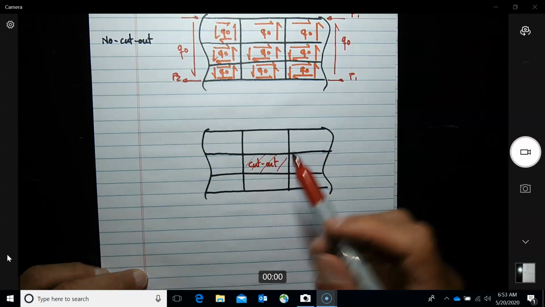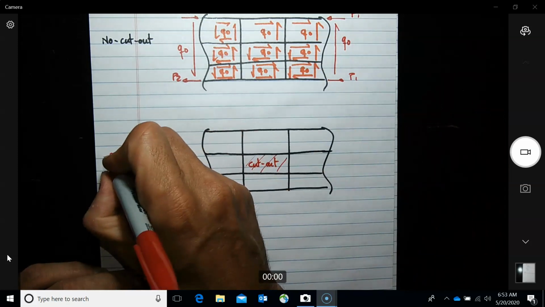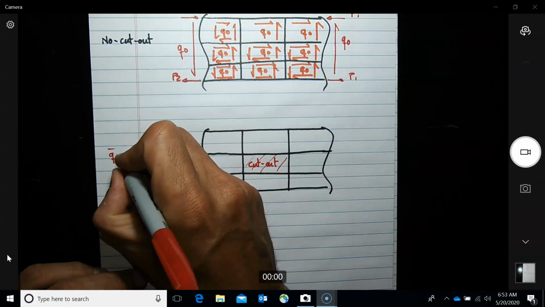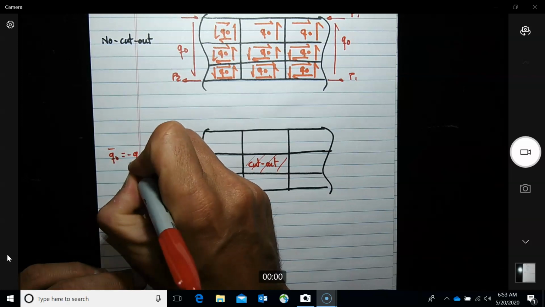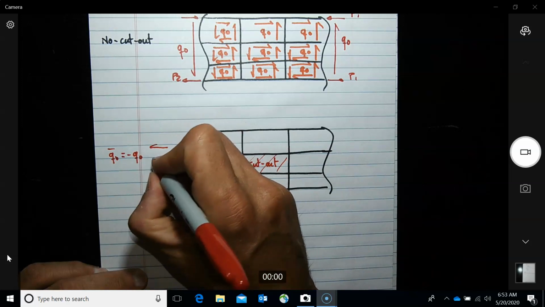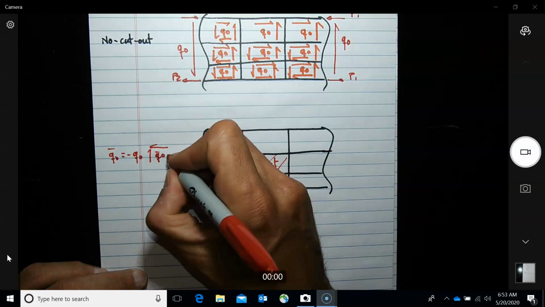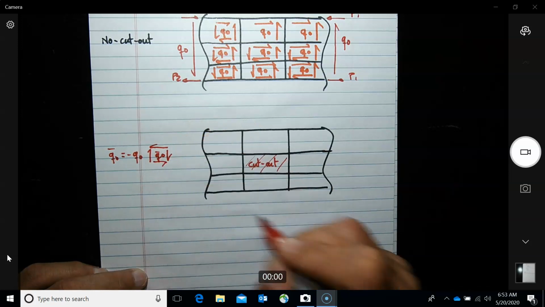For the cutout, we assume a shear flow which is opposite to this one. That will mean that our Q sub naught bar equals negative Q sub naught, basically just in that direction here. Up, down, and here would be positive.